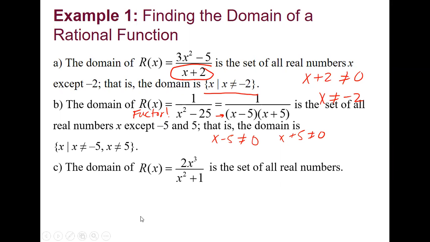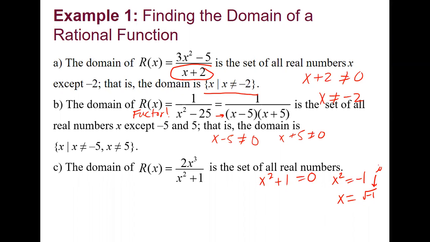So here we have an example of x squared plus 1. Now the deal here is if I take x squared plus 1 and set it equal to 0, I end up with x squared equals -1, and then x equals the square root of -1. And what is this? An imaginary number, right? So this is an imaginary situation.